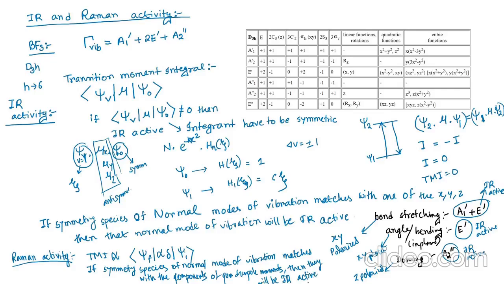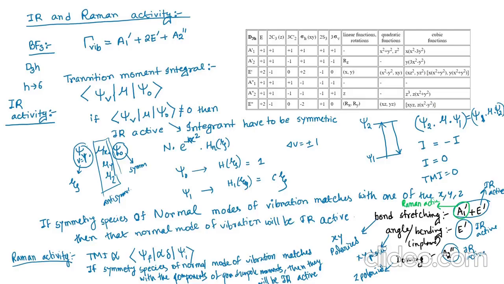Okay. So for this particular case, let us see what is happening with A1 dash and E dash. I will use another color, not black, green. A1 dash is Raman active, as it has the x square plus y square, z square term. What about E dash?